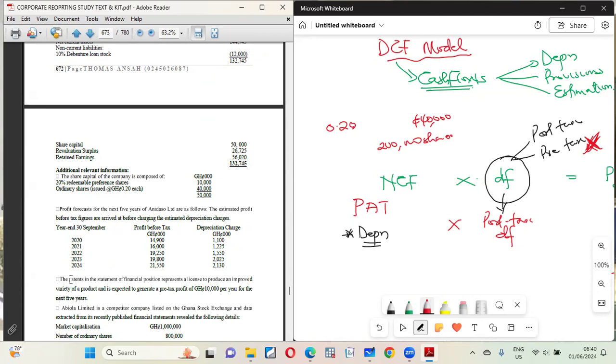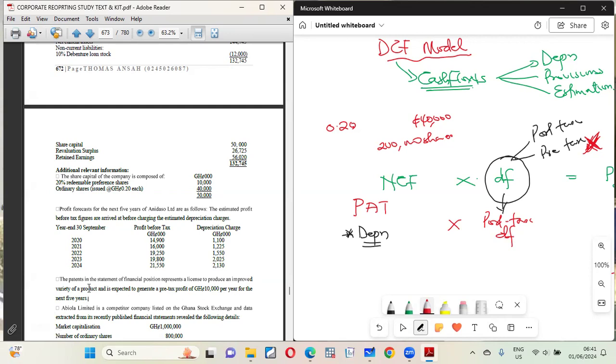They said that the patent in the SOFP represents a license to produce an improved variety of the product, and it is expected to generate a pre-tax profit of 10,000 per year for the next 5 years. So they are actually valuing the patent.